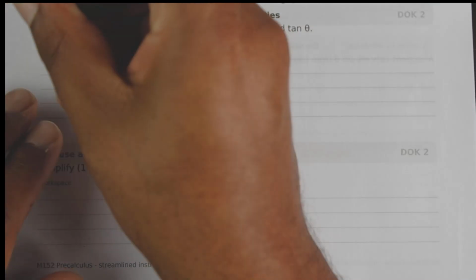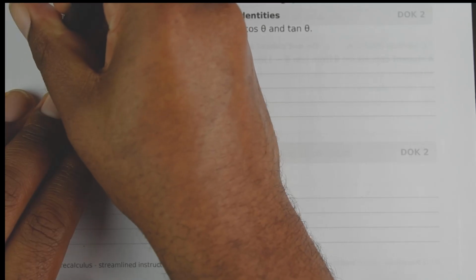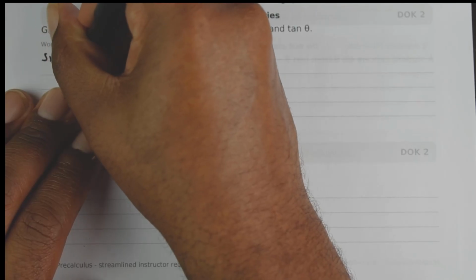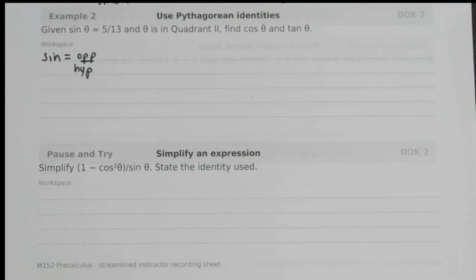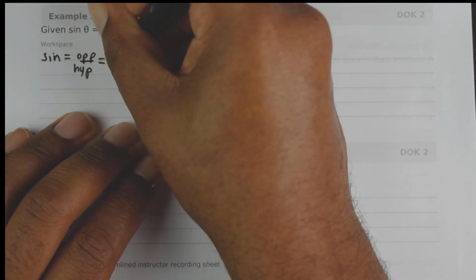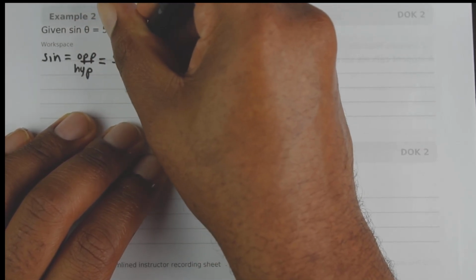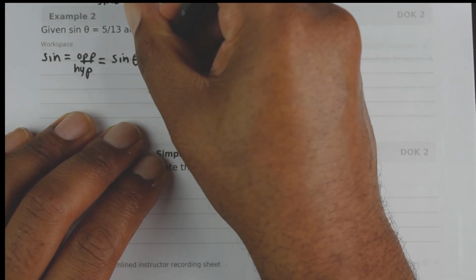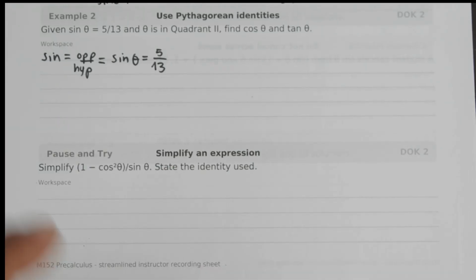So if sine theta is equal to 5 over 13, then we know the opposite is 5 and the hypotenuse is 13.